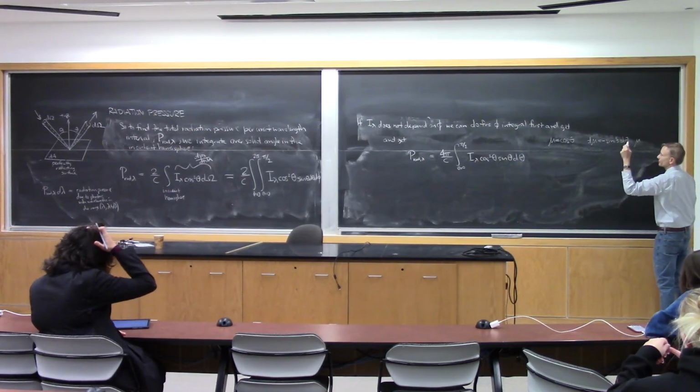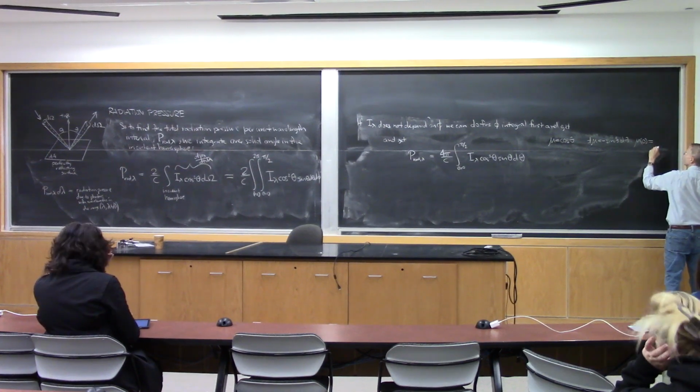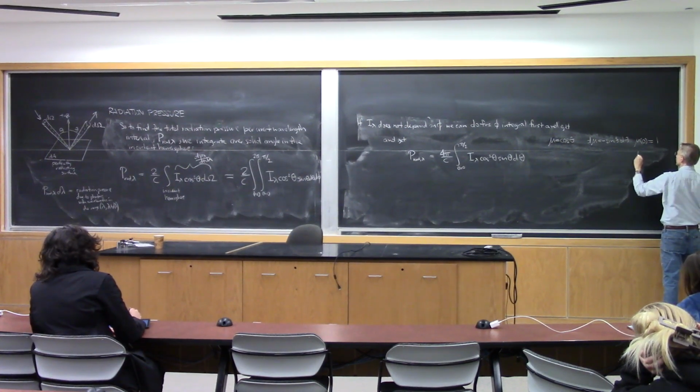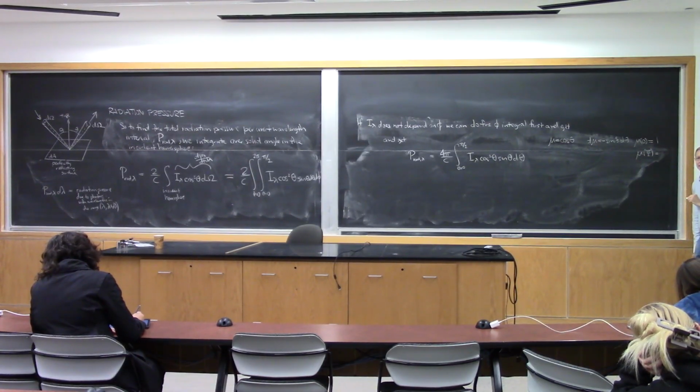We've done it before, but let's do it again. Mu of 0 is equal to cosine of 0, which is 1. Mu of the upper limit, pi over 2, is equal to, what's mu of pi over 2?